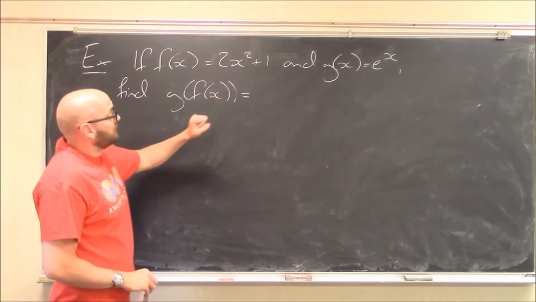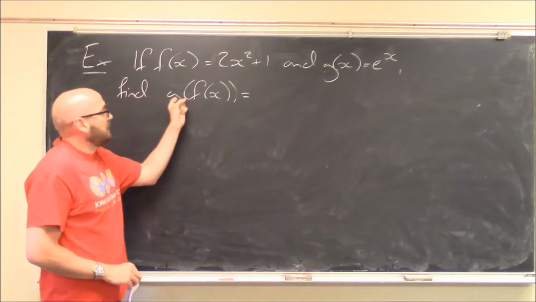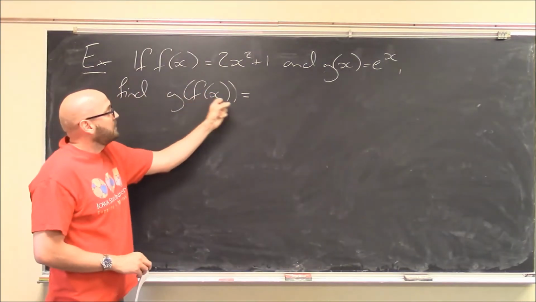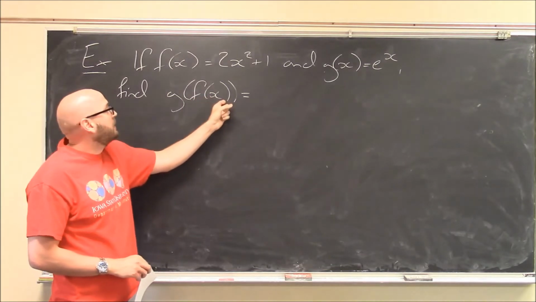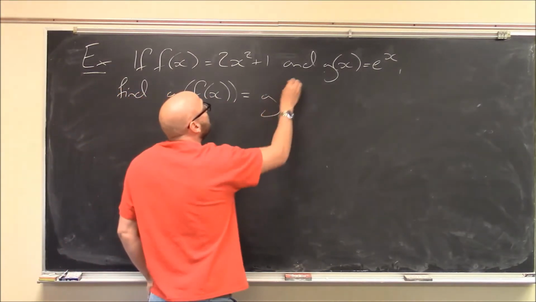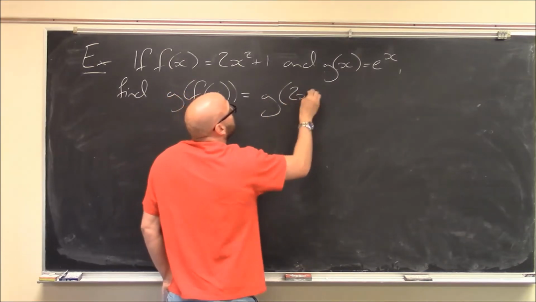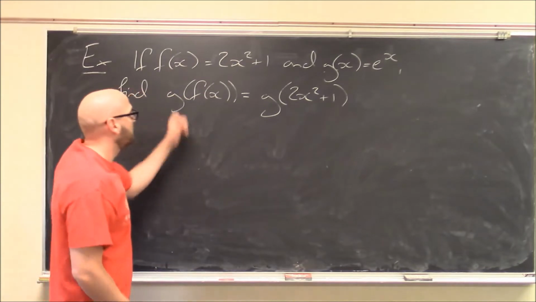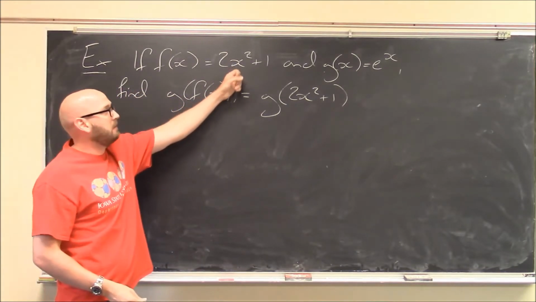So how should you read this? This is actually pretty simple to read, right? It says, okay, here's g of x is e to the x, except instead of plugging in x, everywhere I see x, I'm going to plug in f of x, right? So you can actually kind of think of this as g of 2x squared plus 1, if you want, right? It's the same thing, it's g of f of x, and that's what f of x is.